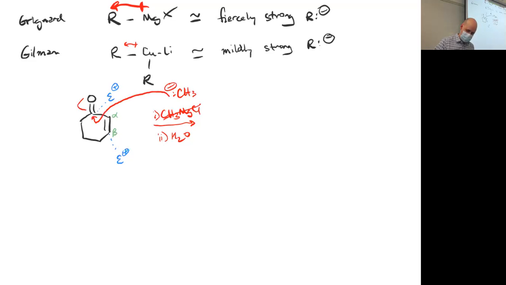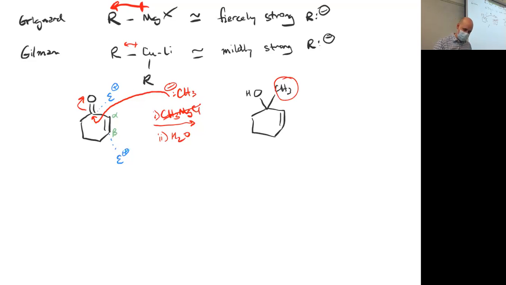It gets right up in there. And my product would have the exact same 6-membered ring. The double bond in the ring would be in the same place because it didn't mess with that. And I would have a new CH3 attached right there. Everybody good with that? So this is exactly the same thing from the bridge. It was kind of our very first nucleophile attacking the carbon.